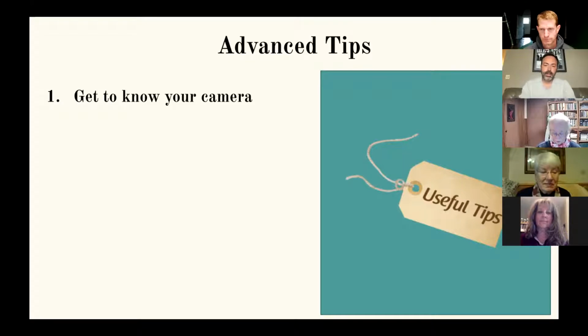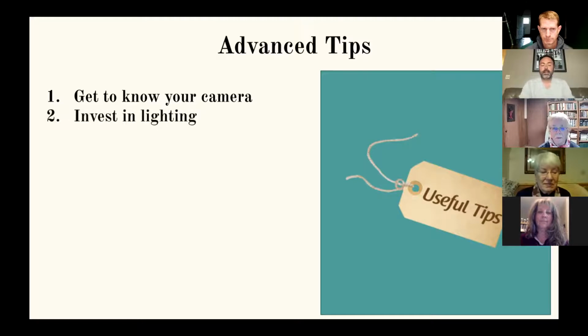We can't cover all the different cameras in this course because there are just too many options out there. But if you want to increase the quality of your videos, the first thing I recommend is get to know your camera really well. So you know what options it has, how to adjust for different lighting. Just make sure you're really comfortable with that. So that's the first thing.